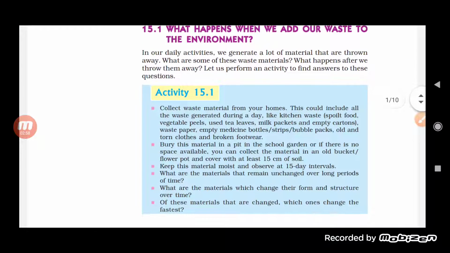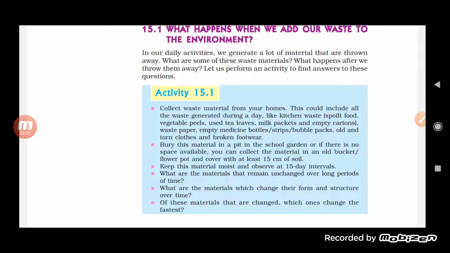For that, let us perform an activity, and try to find the answers to the questions. Now collect waste material from our homes, including all the waste generated during the day, like kitchen waste: spoiled food, vegetable peels, used tea leaves, milk packets, and empty cartons. These are all the waste which generally occurs in the kitchen, so we can call it kitchen waste.